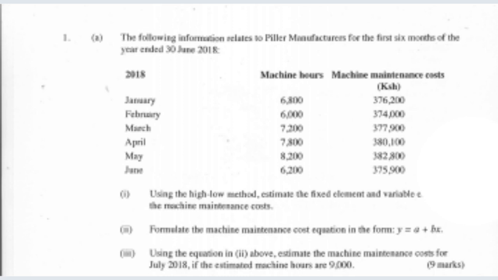So I'm going to give out a question. Let's try that question, and provide answers in the public chat forum. The following information relates to Pillar Manufacturers for the first 6 months of the year ended 30th June 2018.